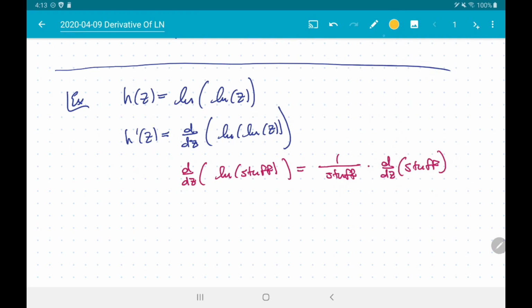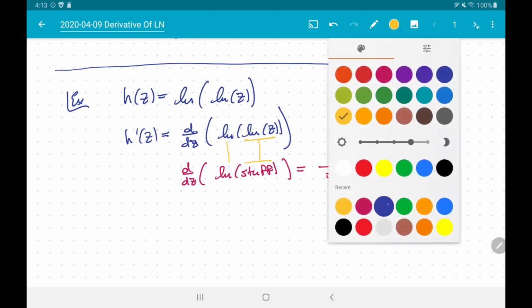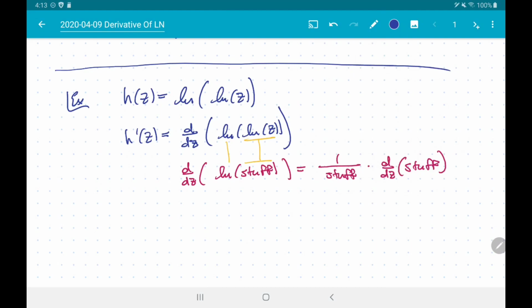And in this case, the stuff is this ln of z that's on the inside. So this is a sort of funny looking formula because it's a composition of two functions, both of which are ln. So you've got to be really careful how you do this.